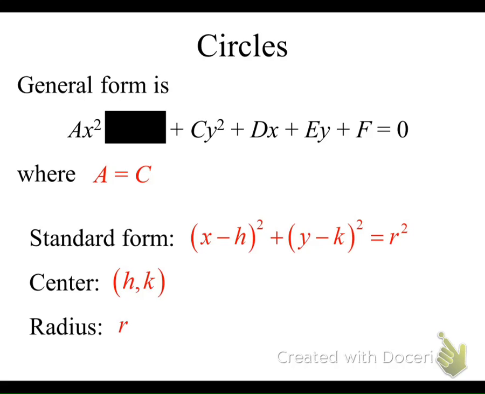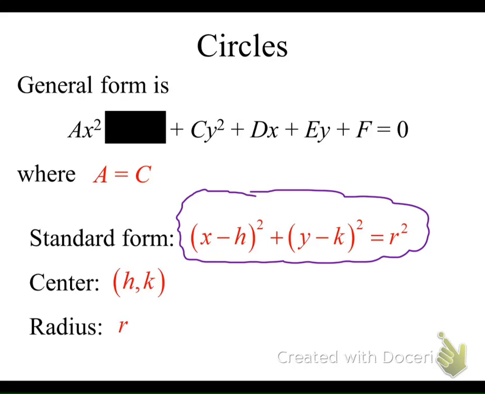This equation is going to be very valuable to you. It will identify the center of the circle as well as the radius of the circle. So I need you to write down this equation, and I need you to get it memorized so that you will be able to use it every time you need to graph a circle.